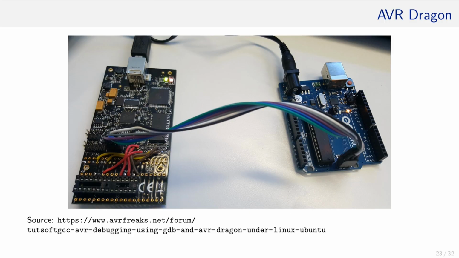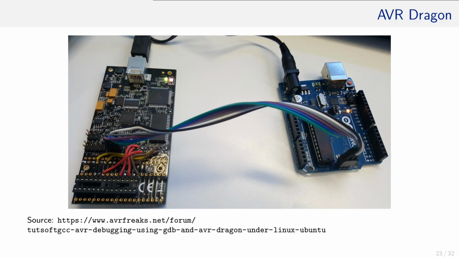Apart from debugWIRE, it also supports JTAG, ISP, high voltage serial programming, parallel programming, etc. However, not to compete with the more expensive ICE debuggers, the JTAG of the avr-Dragon does not support MCUs with a flash memory larger than 32 KB. Luckily, the ATmega 328P is still in that range.